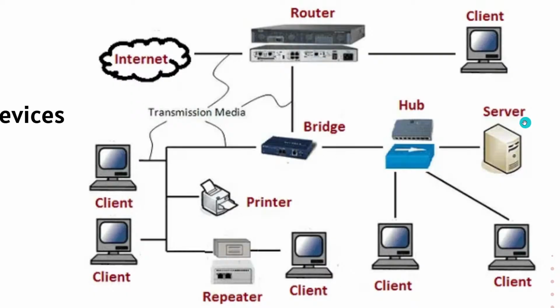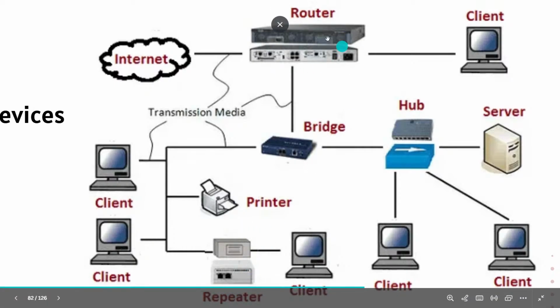We have servers over here. We have printers. Servers and printers are also end devices because they also give out output. A printer gives out output after we give input into it. Servers also receive input and give out output. We have hubs, bridges, repeaters, and routers.